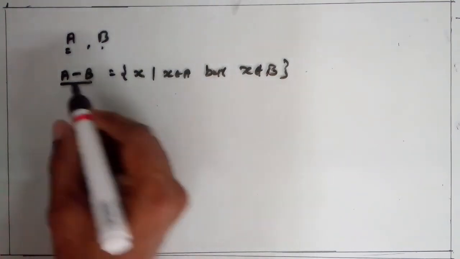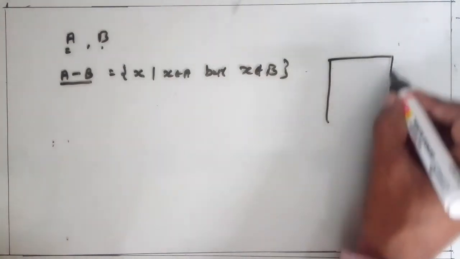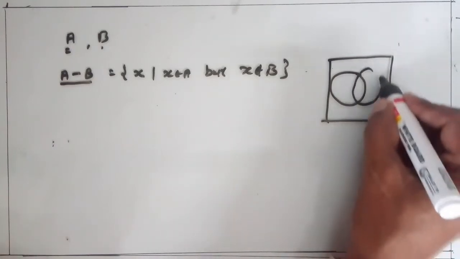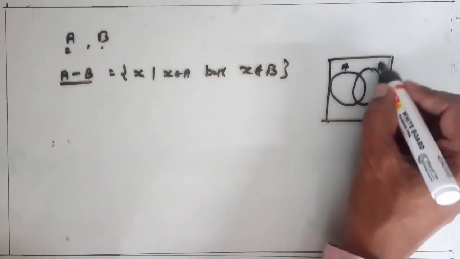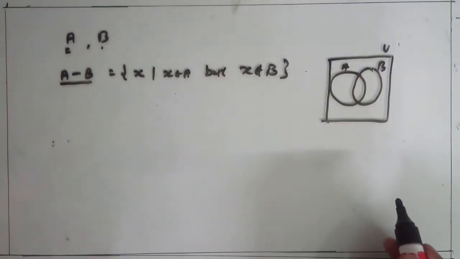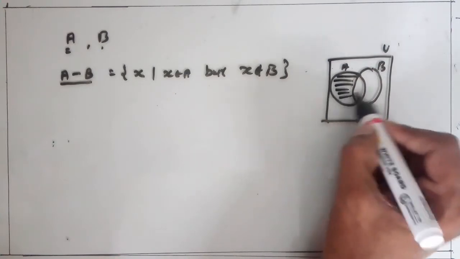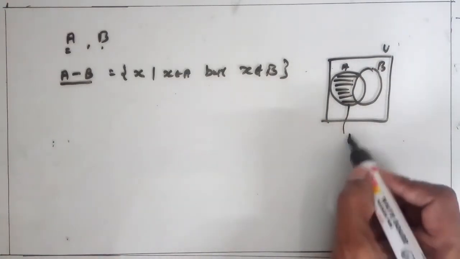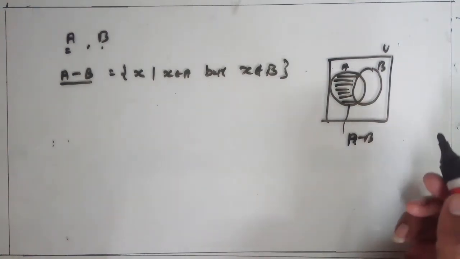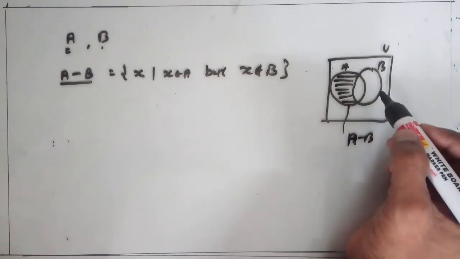The difference set of A and B by Venn diagram. Remember this: set A, set B. Remove all common elements of A and B from the first set, we get A − B. That is the difference of A and B. Similarly, B − A is equal to, we get this portion.